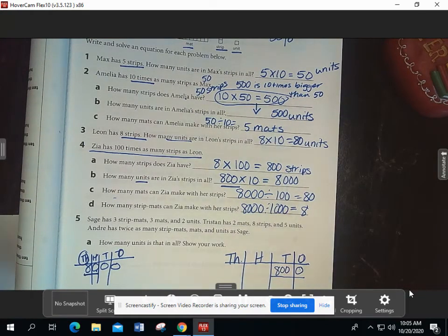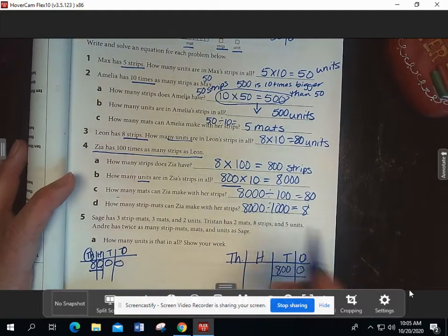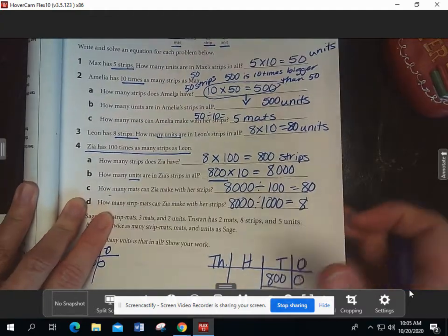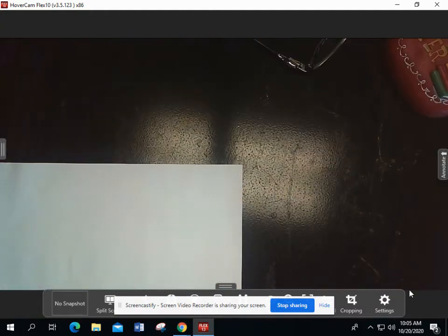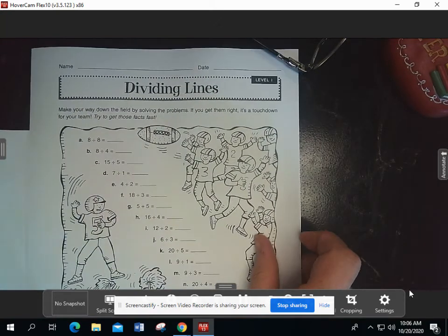Okay. We're going to stop right here. We're not going to get to number 5. For those of you at home, you are going to do a quick quiz on dividing. You're going to be looking for this page.